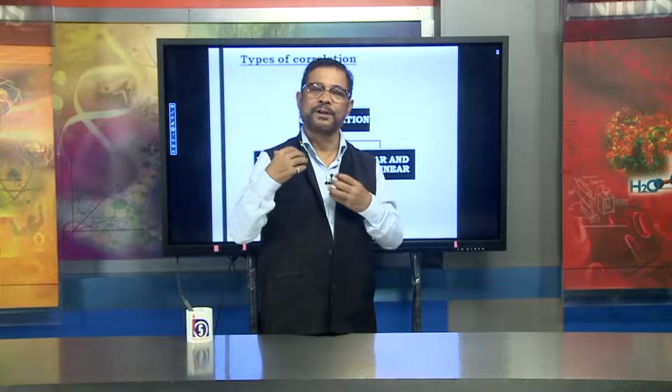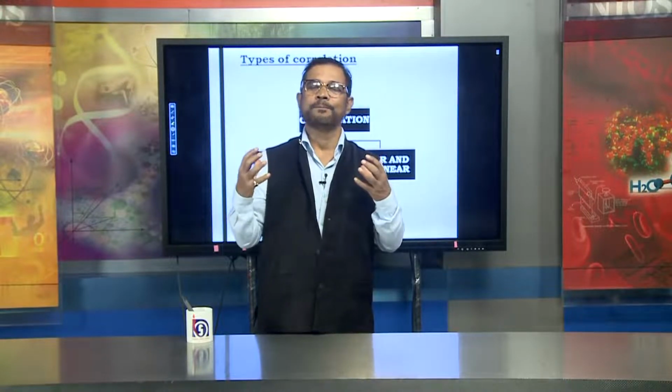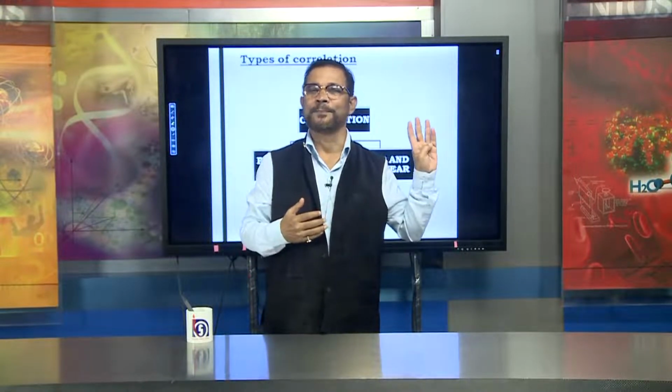It shows the direction of change in variables. Again, the concept of demand would be the best example for negative correlation, and the law of supply will be the best example for positive correlation.